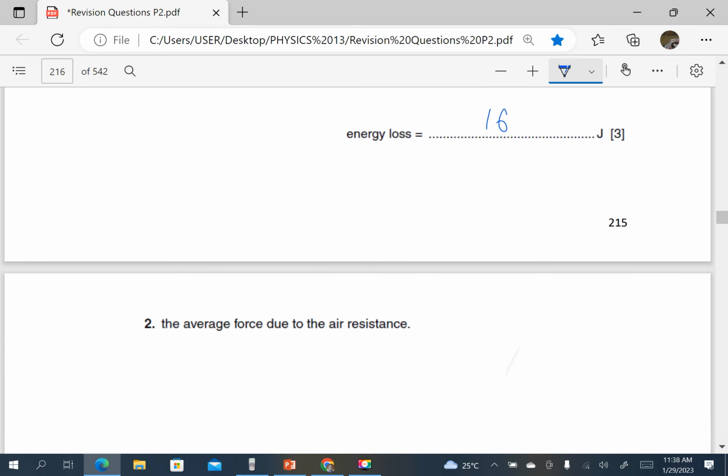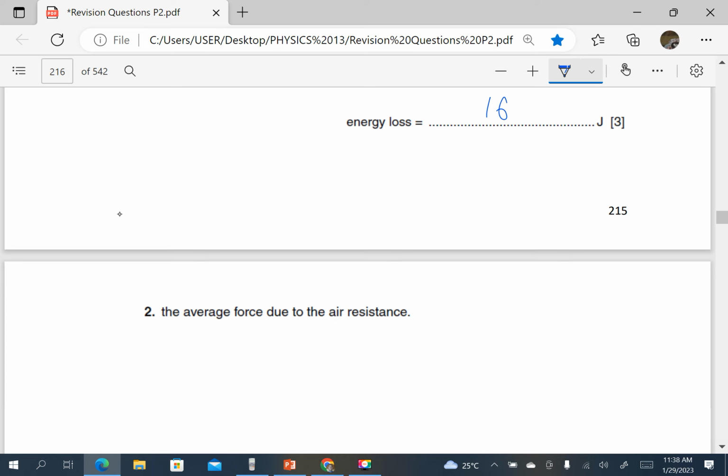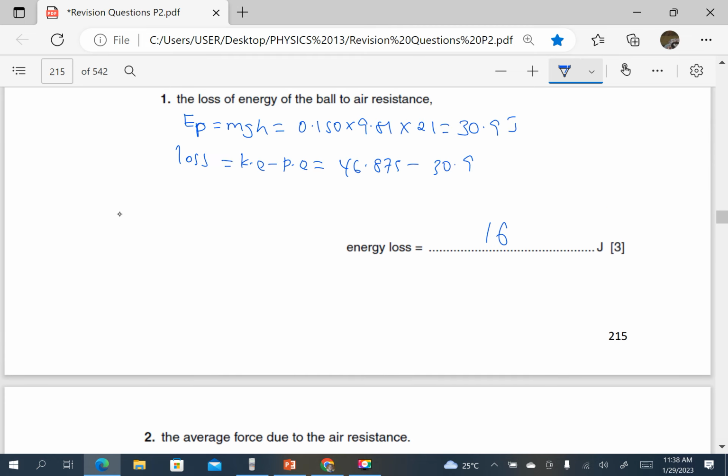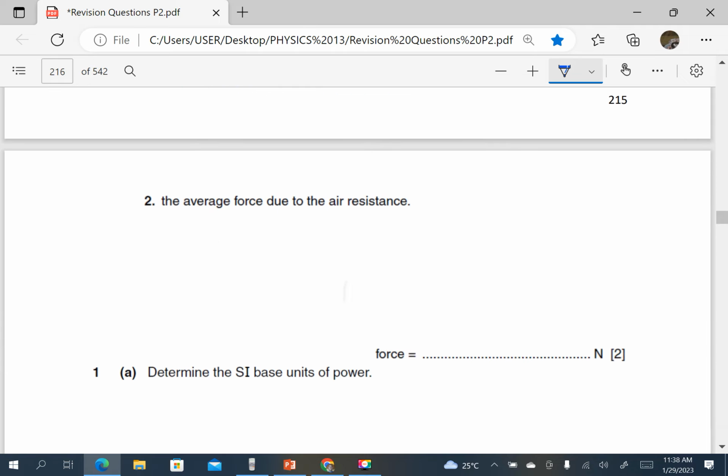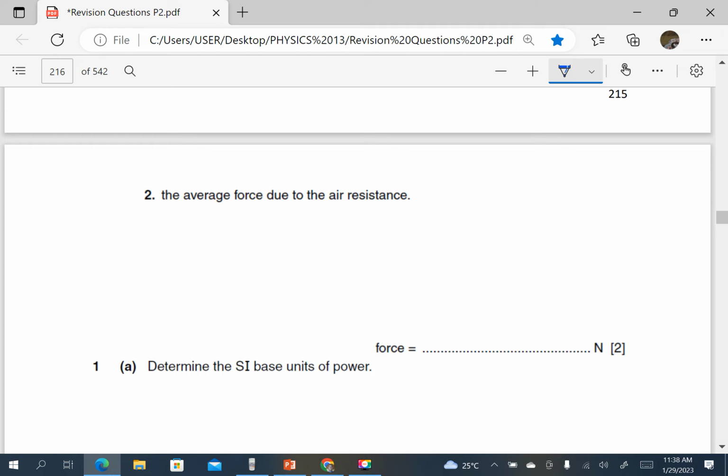Then the average force due to air resistance. The loss in energy to air resistance is the work done against air resistance, which is going to help us find the average air resistance force. So the work done is equal to the loss in energy, which we have seen as 16 joules.